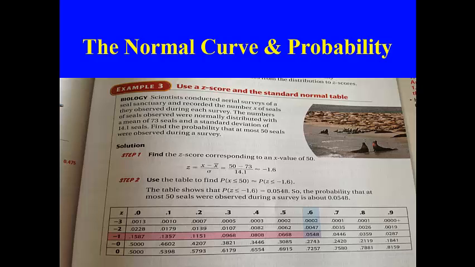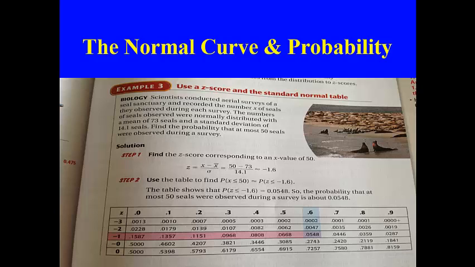Step number 1, we need to find the z-score corresponding to an x value of 50. So z equals value minus average over standard deviation: 50 minus 73 over 14.1. Plug that into your calculator and you will get -1.6.